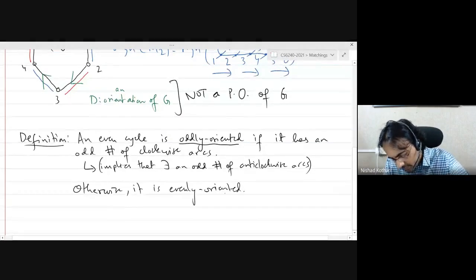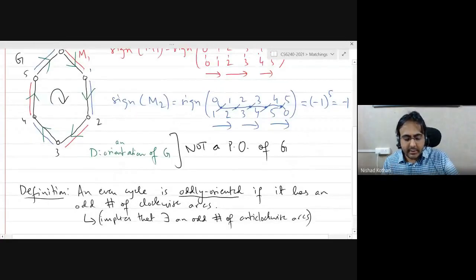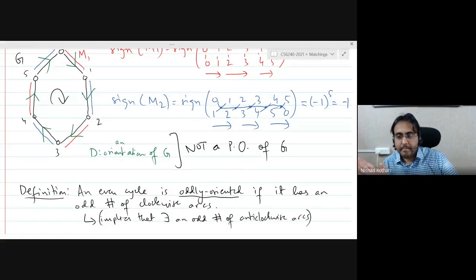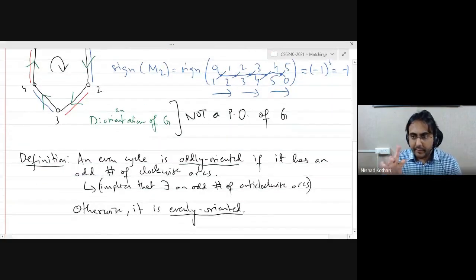So the orientation we started with had all 6 edges going in the clockwise direction, right? So that was an evenly oriented even cycle. And whenever we flip an edge, when we flip one edge, we get an oddly oriented even cycle, right?